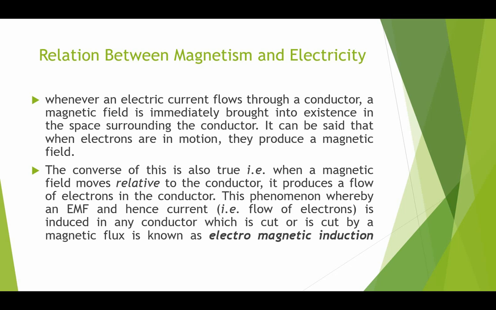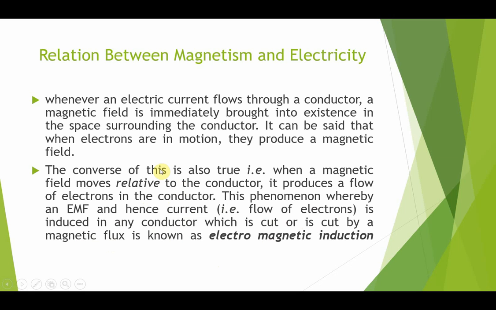The second thing, the inverse or converse of this, is also true. That is, when a magnetic field moves relative to the conductor, it produces a flow of electrons in the conductor. This phenomenon, whereby an EMF and hence current is induced in a conductor which is cut by a magnetic flux, is known as electromagnetic induction.